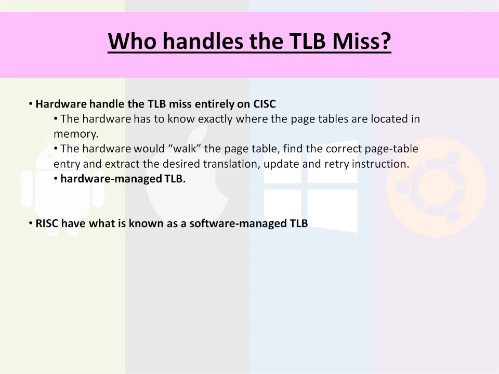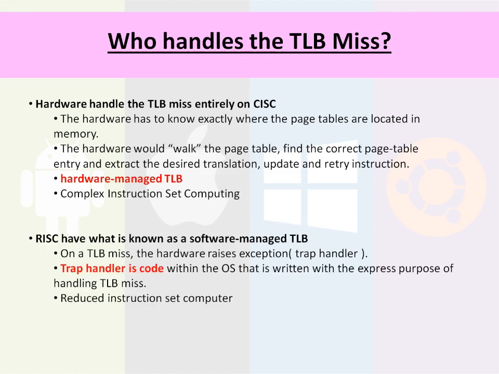There is also RISC. Now RISC is what is known as a software managed TLB. Just before I move on, I'm not going to ever ask you, but CISC stands for Complex Instruction Set Computing, and RISC stands for Reduced Instruction Set Computing. Now the RISC approach, which is a software approach, says that on a TLB miss, the hardware raises an exception.